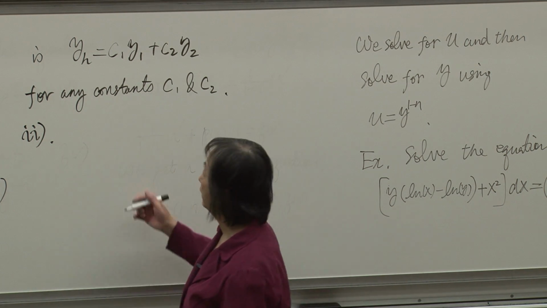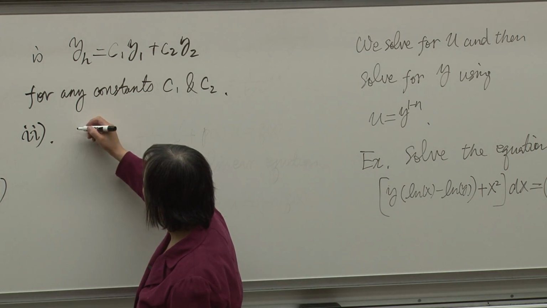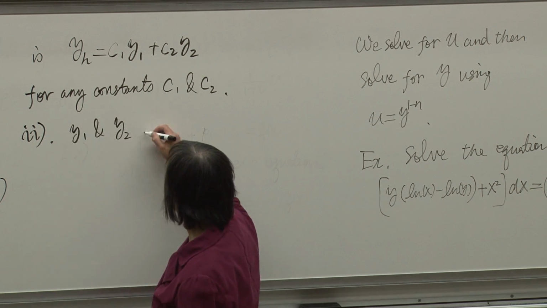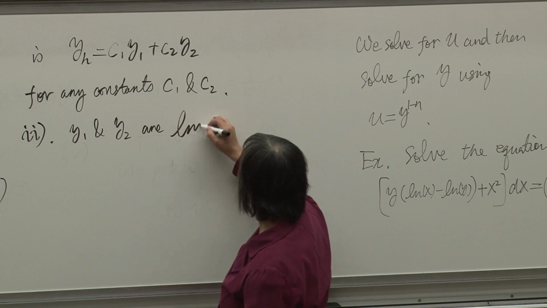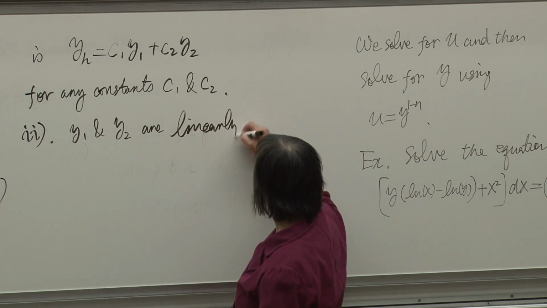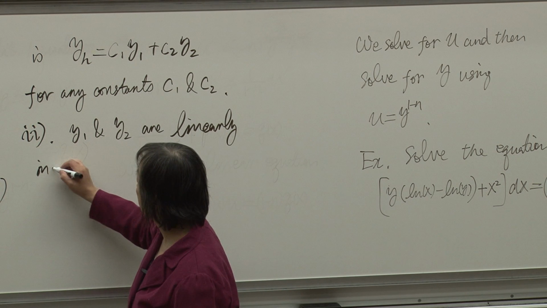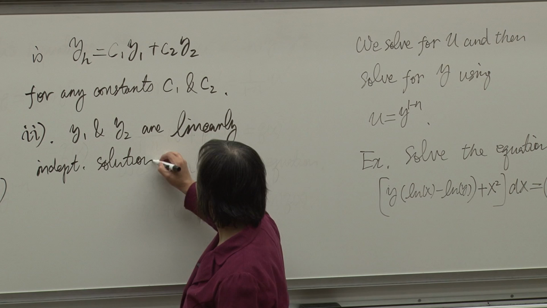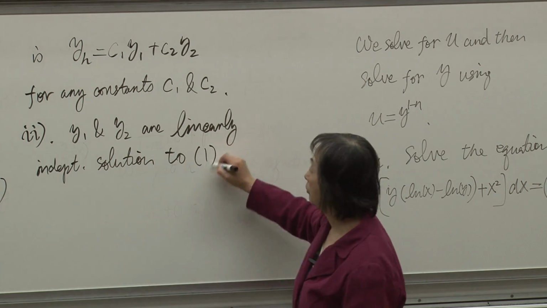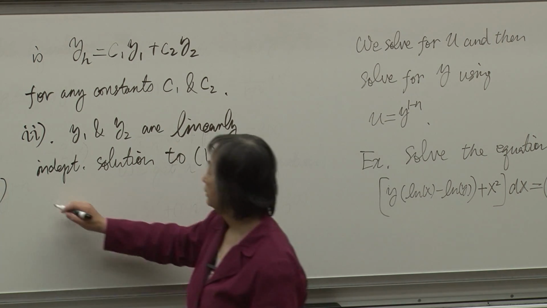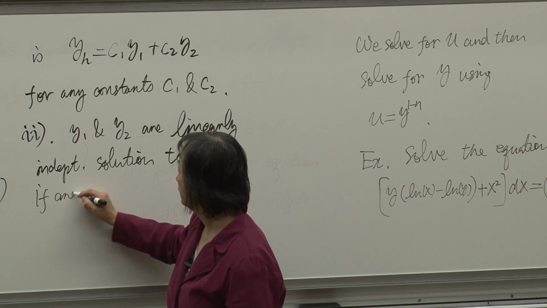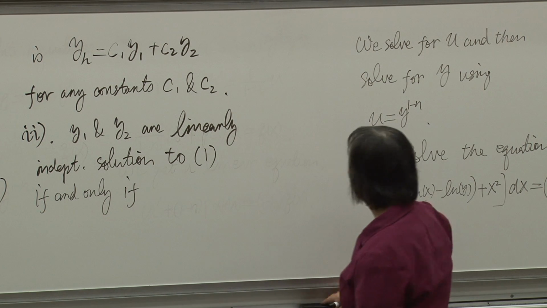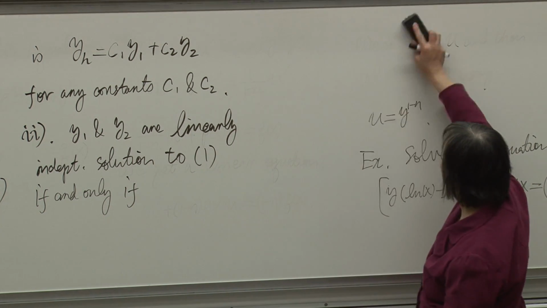The second property says that two solutions, y1 and y2, to the given homogeneous equation 1 are linearly independent if and only if their Wronskian is not 0.